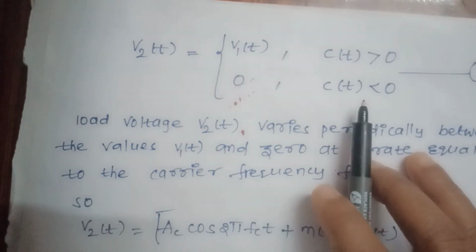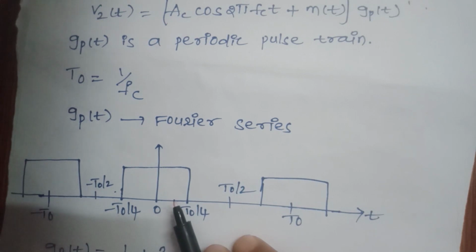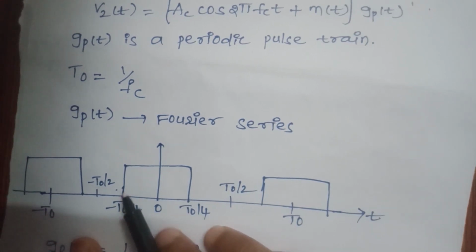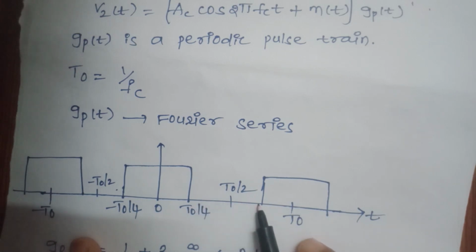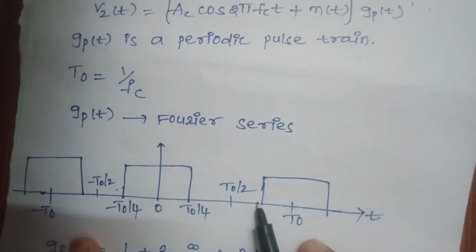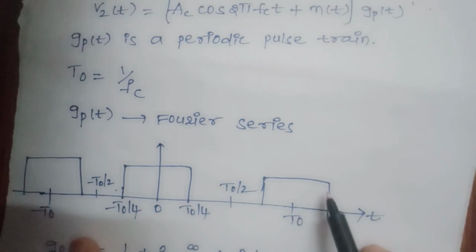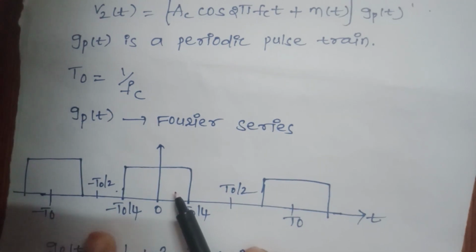Next, the output of the diode: when it is on, the signal v1(t) is passing, and the diode is off for the negative half cycle, so v2(t) is 0. That looks like a periodic pulse. This is the diode output v2(t).